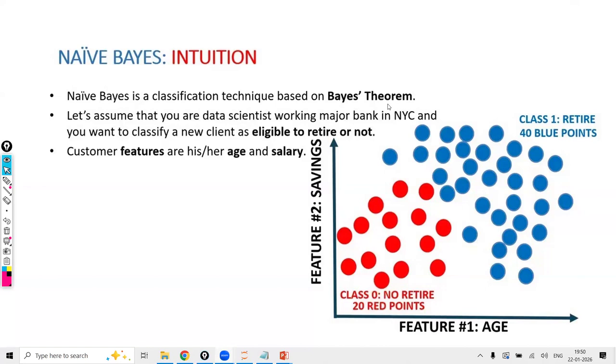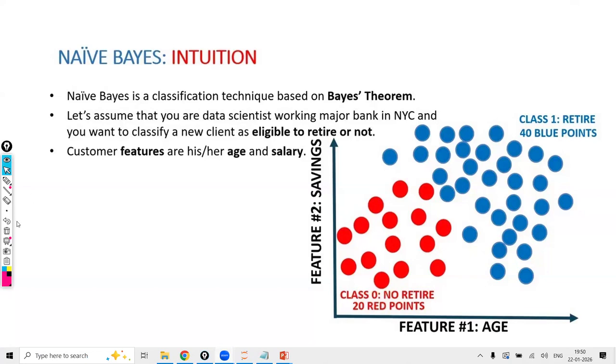Here there is a concept called Bayes, and for the Bayes theorem, Naive was added. These are two different scientists. Naive is one person, Bayes is one person. Generally for math we call them scientists, and for statistics we call them statisticians.